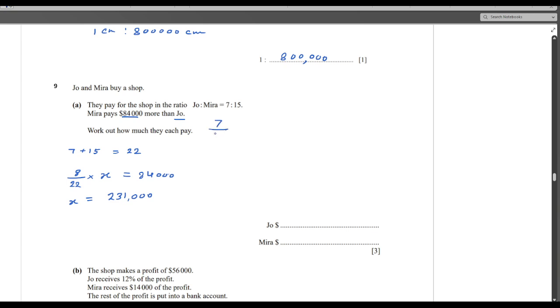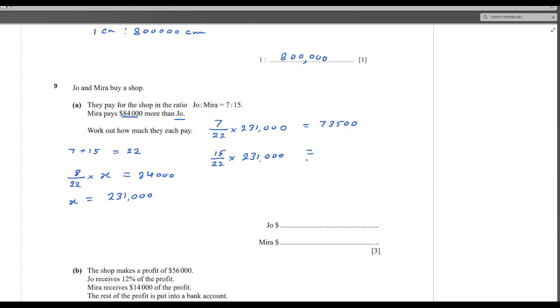So the amount Joe is paying is 7 divided by 22 times 231,000. Your answer is 73,500. And then Mira pays 15 divided by 22 times 231,000.